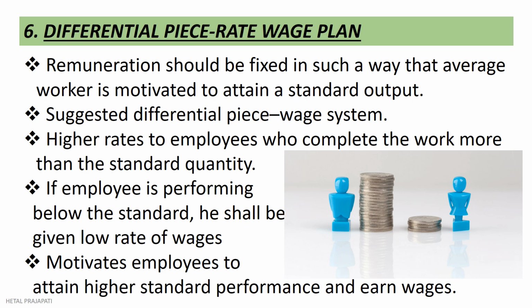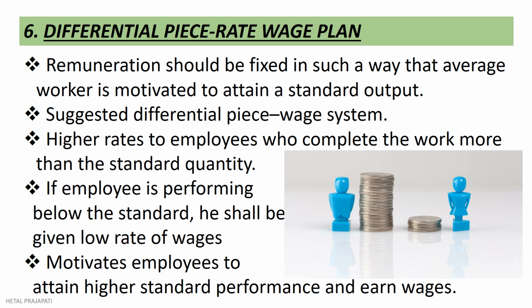Another worker B produces only 18 units in a day and he earns only rupees 72, that is 18 units at rupees 4 per unit.